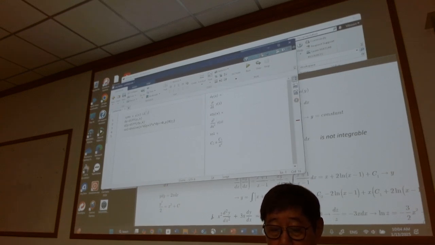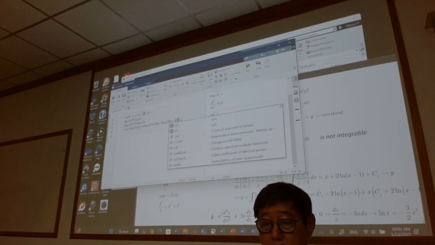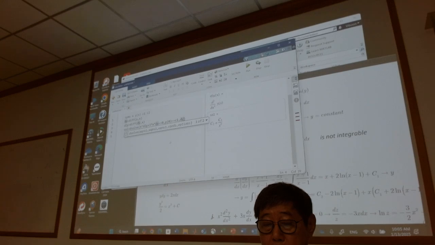C1 is symbolic. C1 is c2. Okay, equal to c1, and dy(0) equal to c2. Just constants, right? This one.